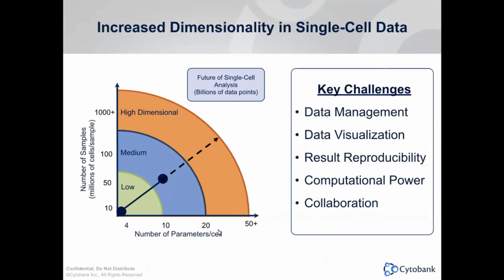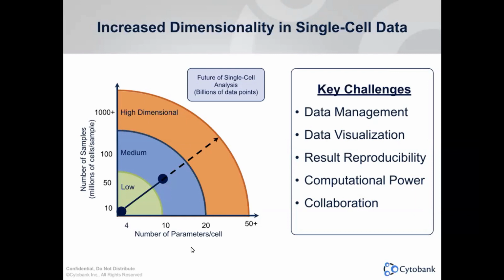You can do 10, 20, 50, or even more with some of the genomic techniques like CyTOF or RNA-seq. The number of samples has also increased dramatically, especially in the context of clinical trials, where different patient cohorts, different treatments and time points are measured. So the whole field is going toward high dimensional and high throughput.